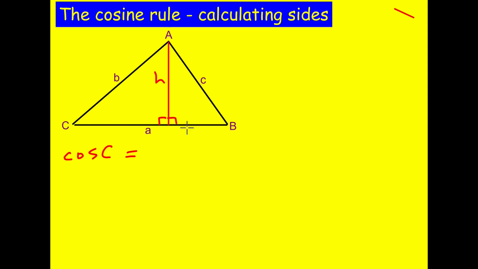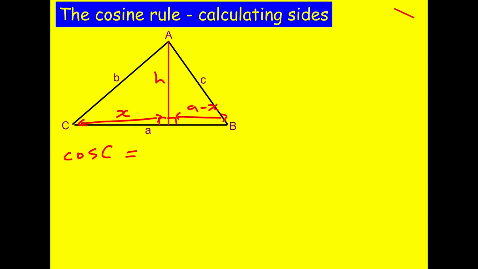The issue is I don't have an adjacent. It worked before for sine because I had the hypotenuse, but I've only got the full way across. So let me just call it something else. I'm going to call it x. And what that means is that this length here is going to be a minus x.